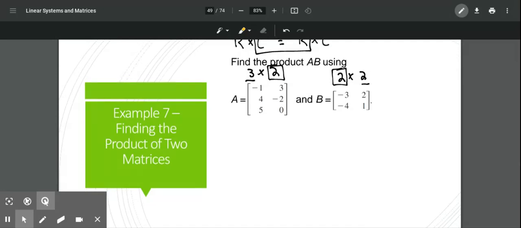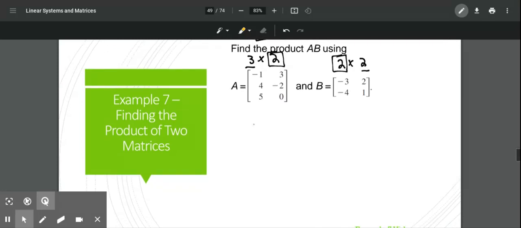So when we multiply these together, we're going to end up with a 3 by 2 matrix. So 3 rows and 2 columns. So we'll have our 2 columns and our 3 rows.